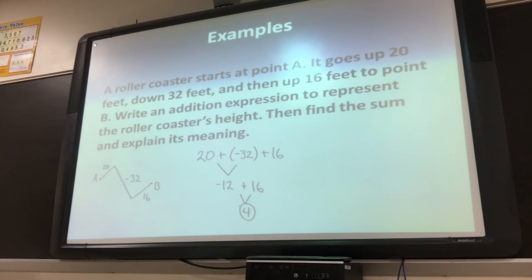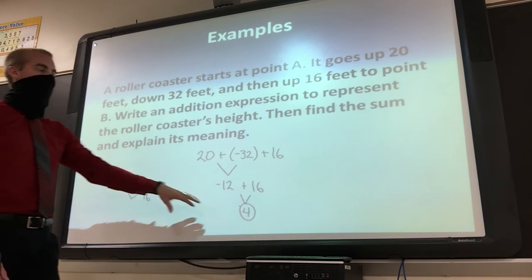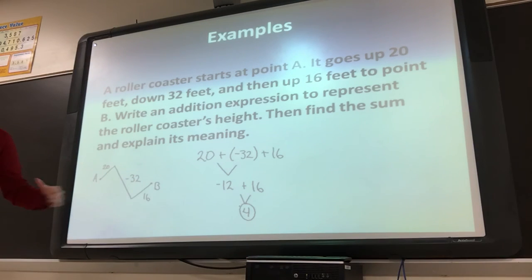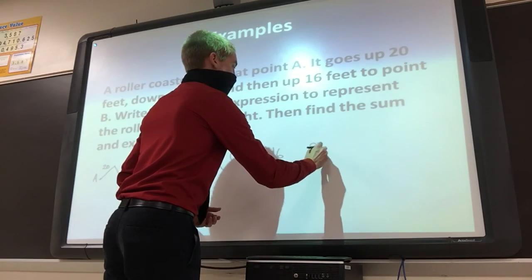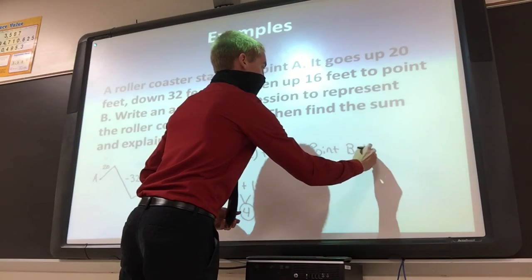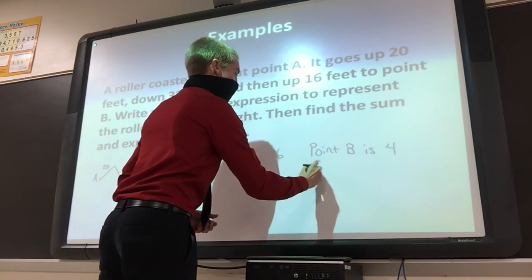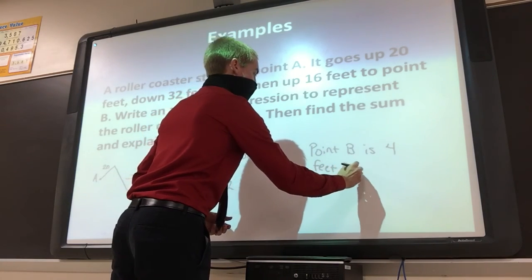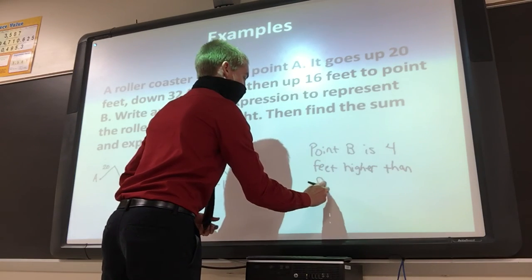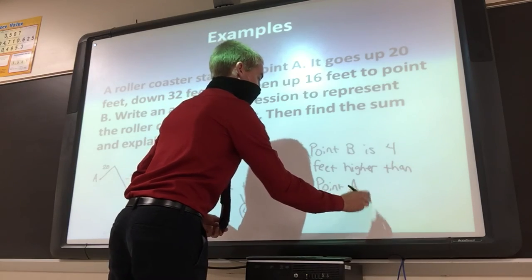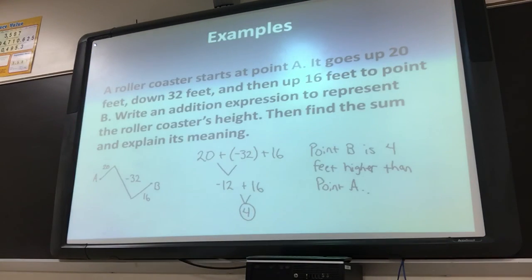So, the last thing that we need to do is explain our answer. Positive 4 means that point B is 4 feet higher than point A. Point B is 4 feet higher than point A. That's what that positive 4 means.